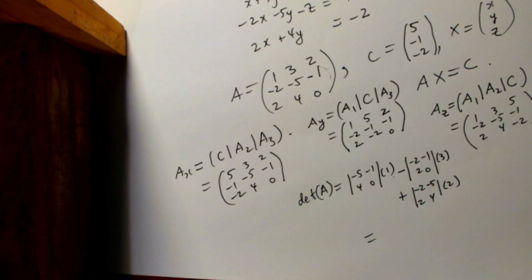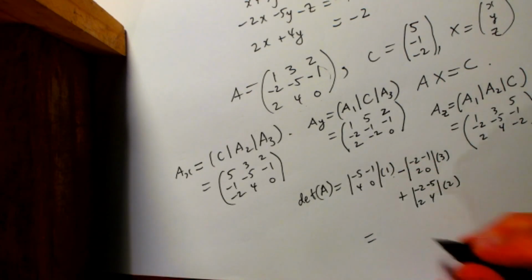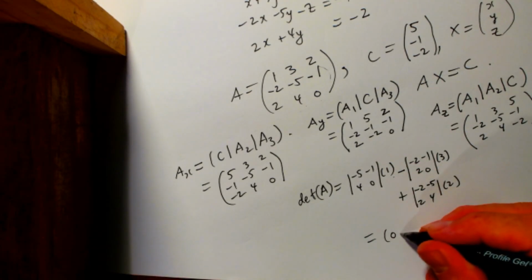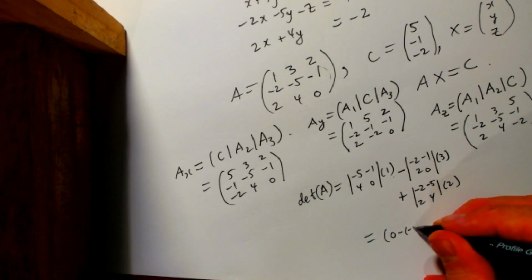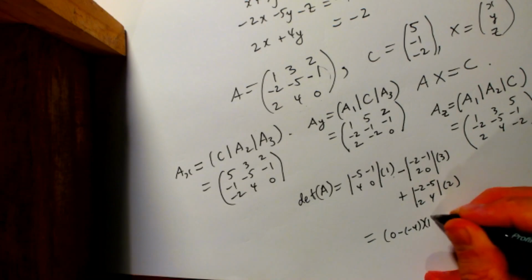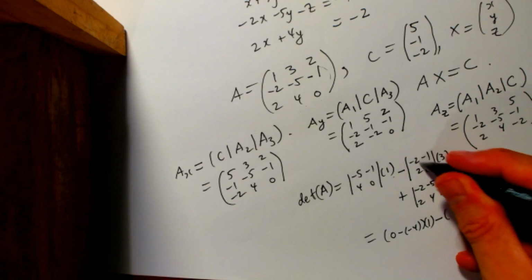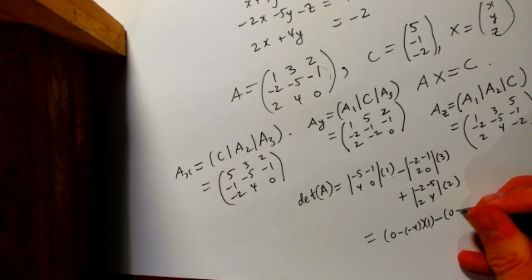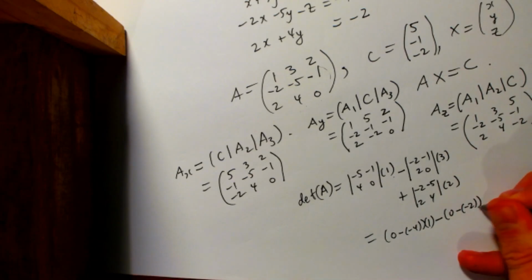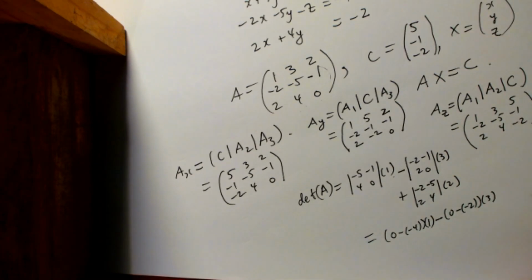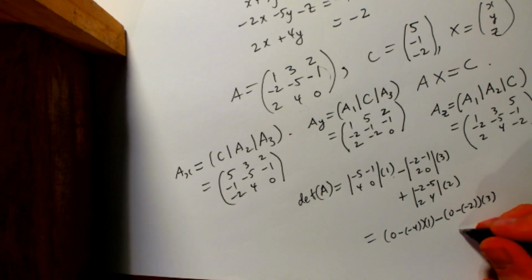Okay, we need to simplify this, so the product of those two is 0. So 0 minus minus 4 outside of 1. Subtract. Minus 2 times 0 is 0. Minus minus 2 outside of 3. And then this one plus minus 8 minus minus 10, all times 2.